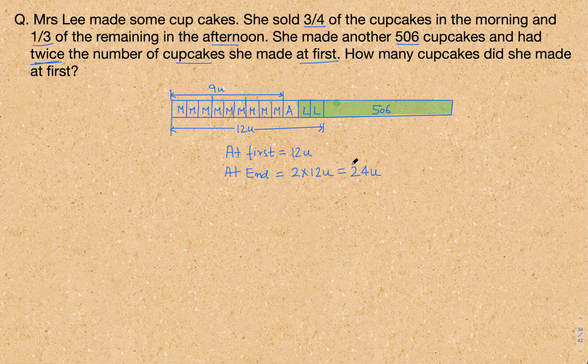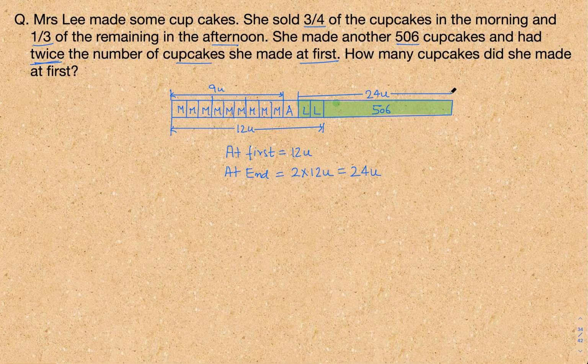24 units. So from the model we can see here what she is left with: this leftover amount and the extra 506 which she has made. So this is the total she is having at the end, which should be 24 units.